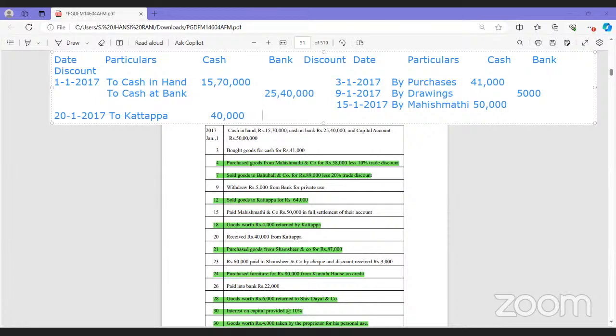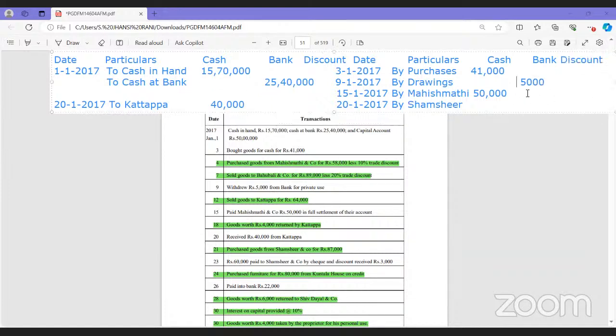So I'll write here on the payment side. Date is 28th January. To whom are we paying? We are paying to Shamshir, so I write by Shamshir. How are we paying? We are paying through bank. Bank means check.